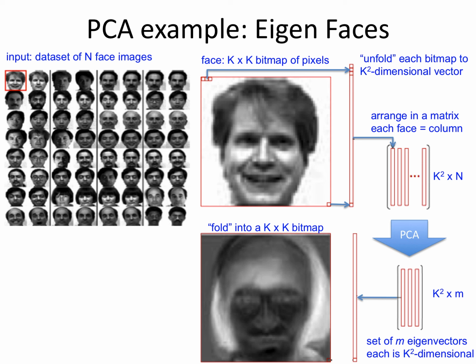If you did that on a collection of faces, this is what the top eigenvector would look like. That's the eigenvector with the largest eigenvalue. You can look at that and get some idea of what's important in the data. It's certainly not a face, but it tells you something interesting.